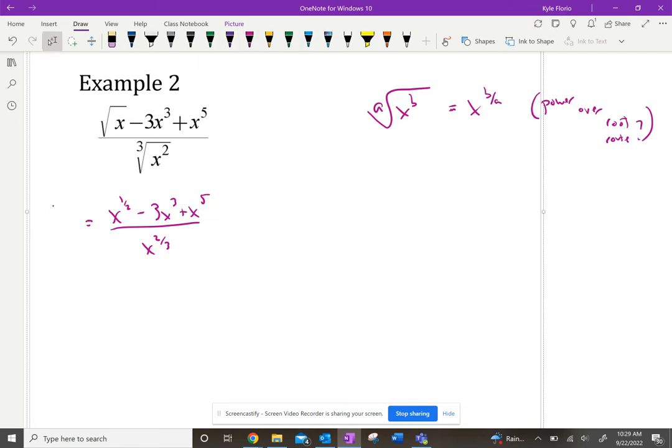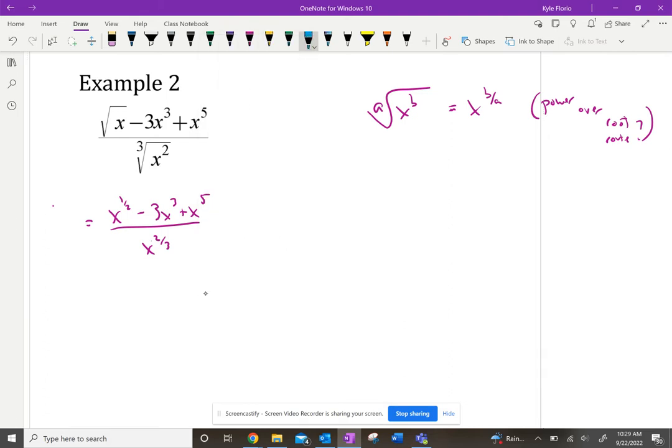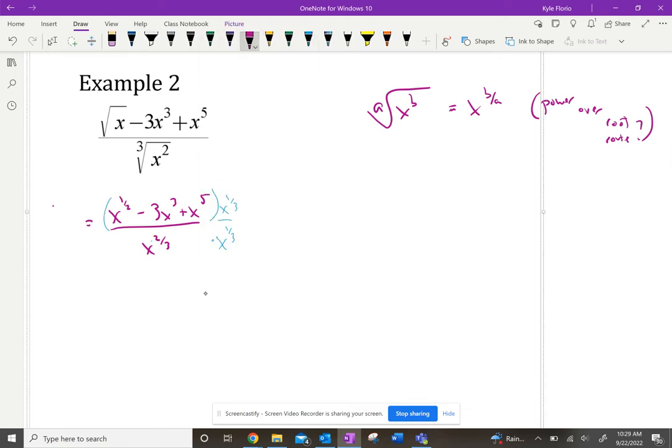Another common thing, you probably heard this in calculus, is rationalize the denominator. I don't want to have a 2/3 in my exponent. One way to get rid of that is multiply the top and bottom by x to the 1/3. If you don't do this, that's fine, but just observe the algebra here. Why did I pick that? Well, because when I multiply these two things together, you add the exponents, and x to the 2/3 times x to the 1/3 is x to the 3/3, and x to the 3/3 is really just x to the 1st, or x.